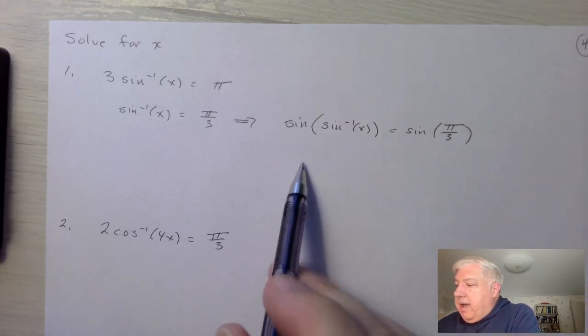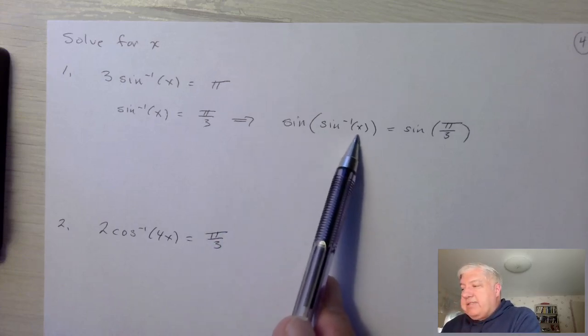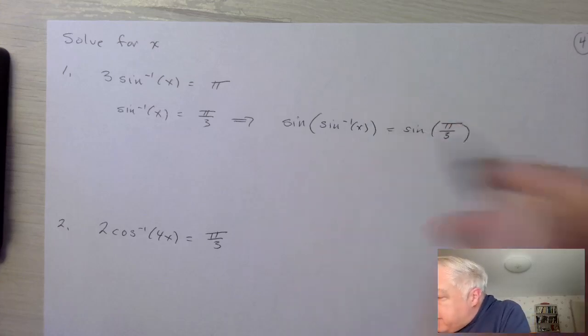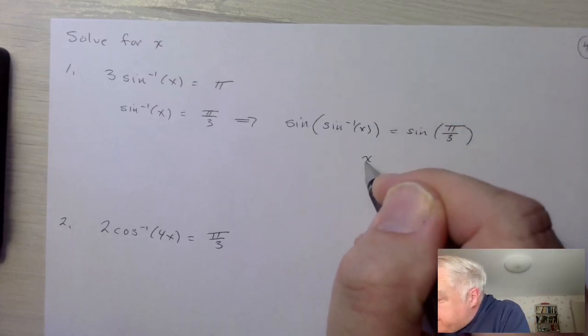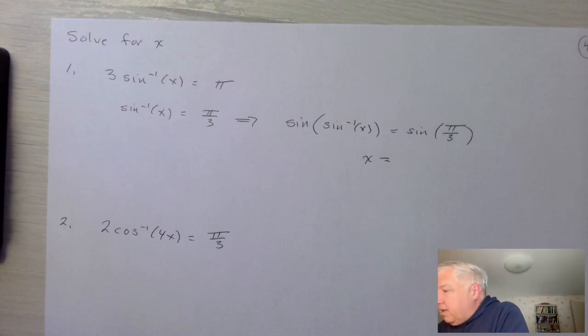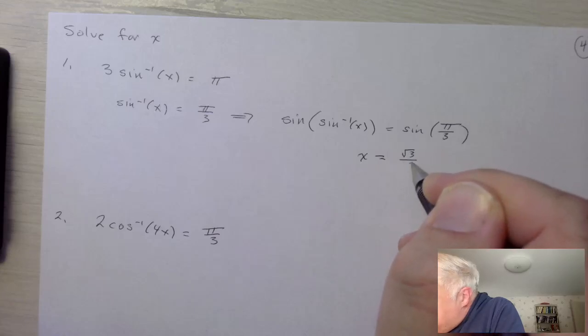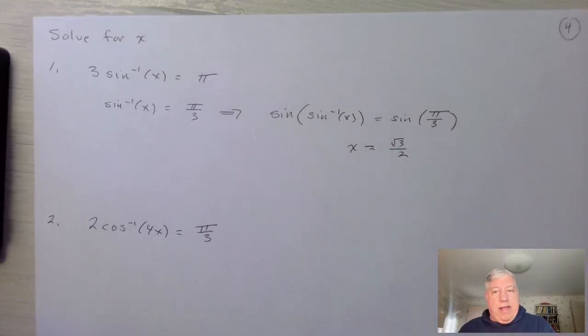Okay, and now we'll assume that x is, in fact, in the desired range. So this is just going to be x, and then the sine of pi over 3 is going to be square root 3 over 2. Okay, and that's exactly what we want.